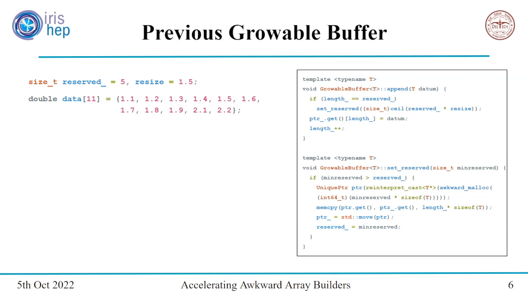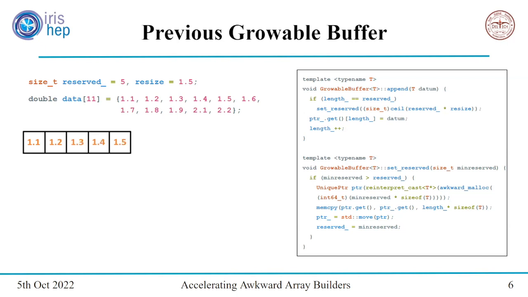Initially, the growable buffer constructor was called, which created an empty buffer with the reserved number of slots. The append function inserted one datum into the buffer and increased the length by 1, and this continued while the length was less than the reserved value.